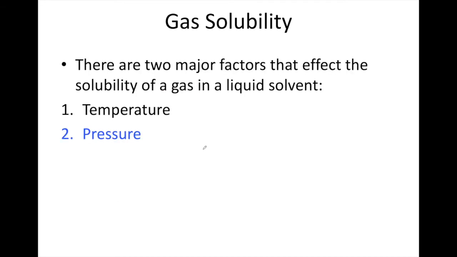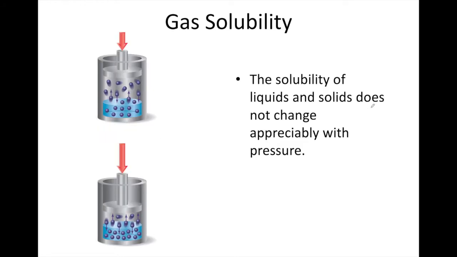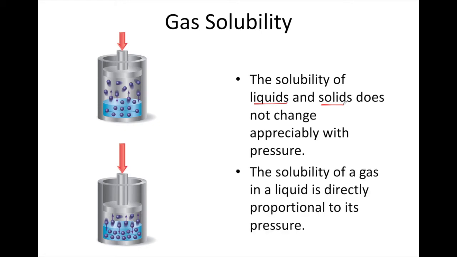The other factor that affects the solubility of a gas in a liquid solvent is pressure. The solubility of liquids and solids in water, for example, does not change with pressure. However, gases are affected by the pressure. The solubility of a gas in a liquid is directly proportional to the pressure.